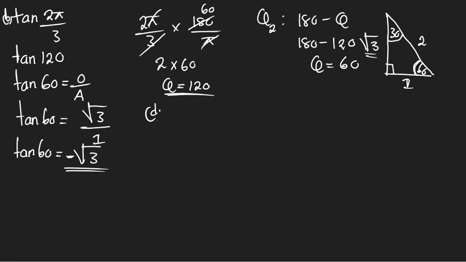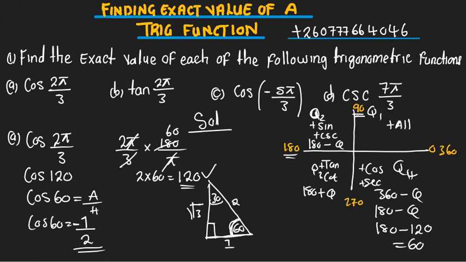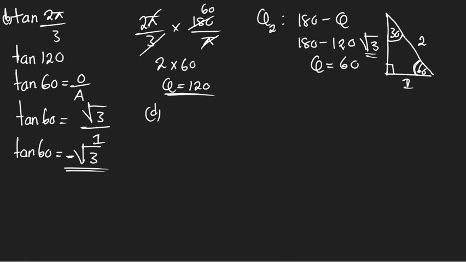D, they are saying cosecant of 7 pi over 3, right? So we do the same thing, we convert to degrees. So 7 pi over 3 multiplied by 180 over pi.